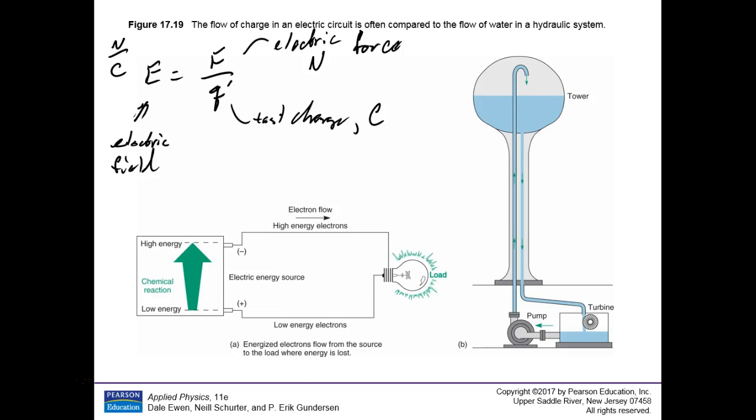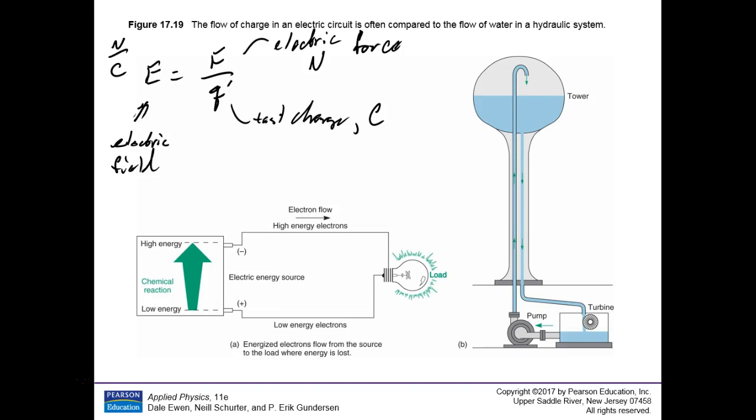Not that this book is going to make a big deal about it, but forces are always vectors because they're directional. Charge is not. Charge is just a scalar quantity, in coulombs. The result is a vector quantity. They do mention that. That is the magnitude of the electric field.